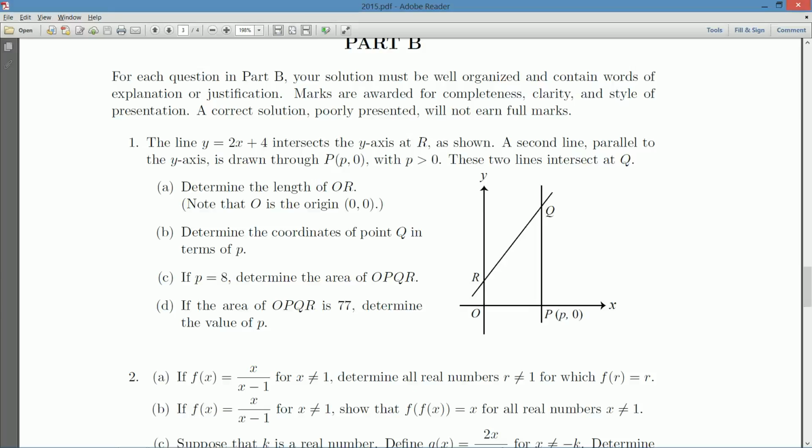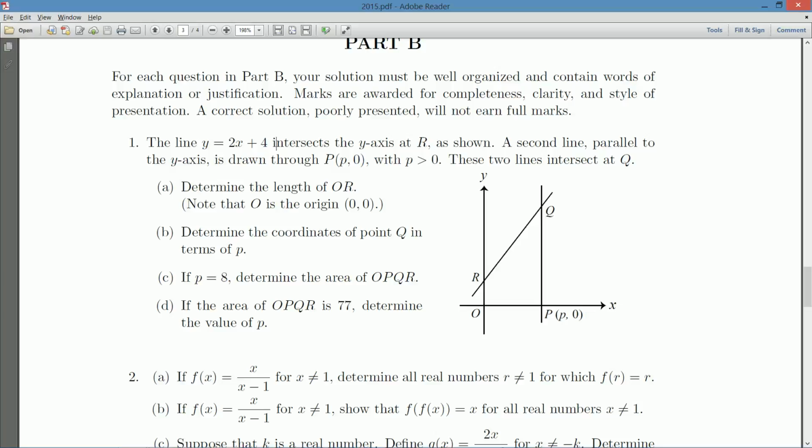Question number 1. The line y equals 2x plus 4 intersects the x-axis at r, as shown. Incidentally, because we have it written in y-intercept form, we can actually tell that r is going to be at 0, 4. Because we got plus 4 here.